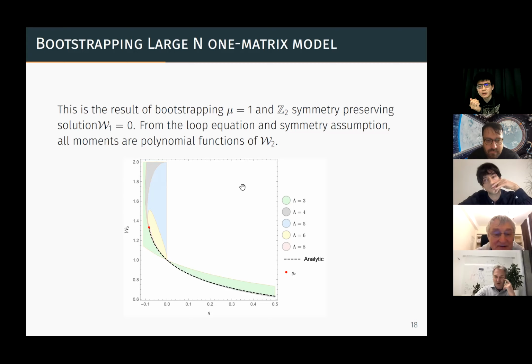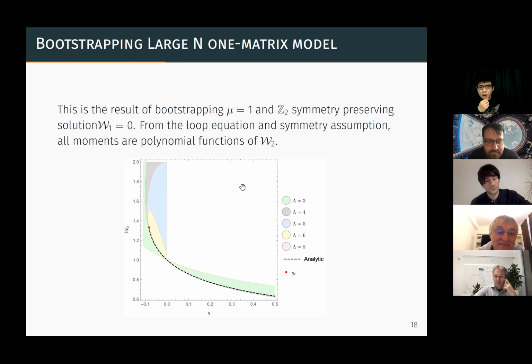On the left, for negative G. No, I'm asking about the right side, slightly to the right of the critical point where the solution still exists. Is it true that the method then starts to converge slower and slower with lambda?